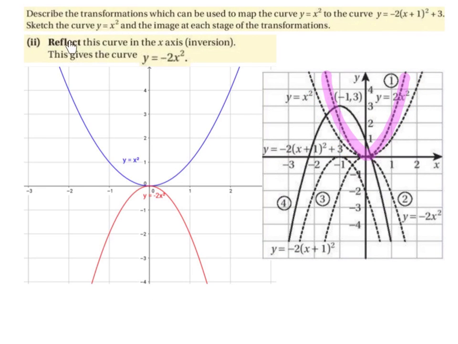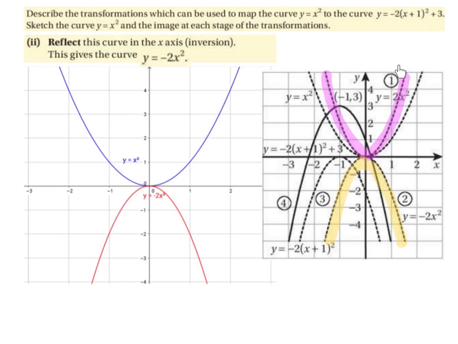Part 2, reflect this curve in the x-axis. This is known as inversion. This gives the curve y equals minus 2x squared. So we started off with y equals x squared, and then we got the graph of y equals 2x squared, which is the pink curve. And now we need to reflect this curve in the x-axis. So we end up with this curve here.